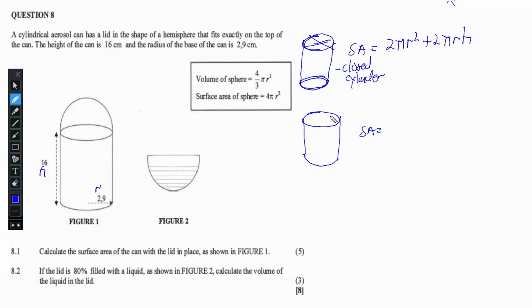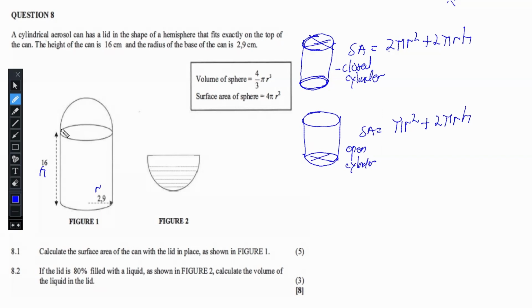But if this is an open cylinder, that means we only have one circular part, and we can't count the top one because it is not closed. So the surface area in this case would be only pi r squared, which represents only one circle, plus 2 pi r h. Now at this point, let's decide: is this cylindrical can open or closed?